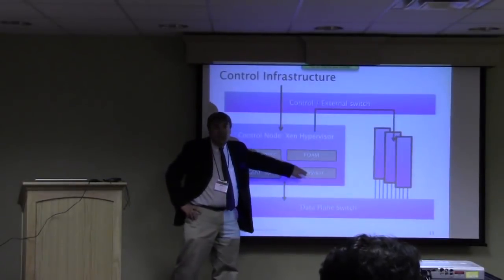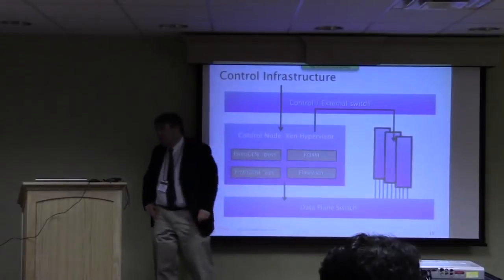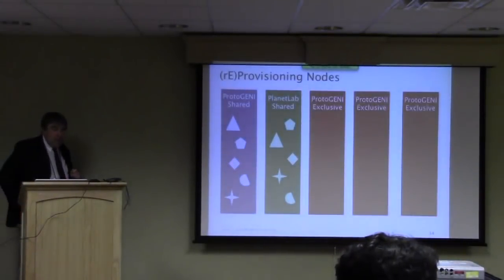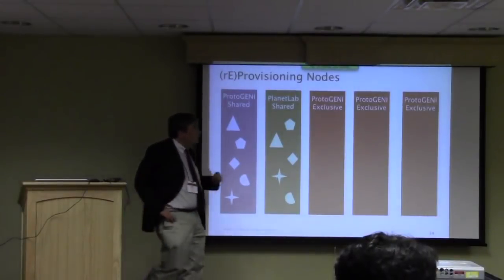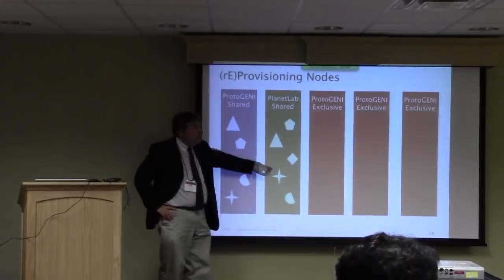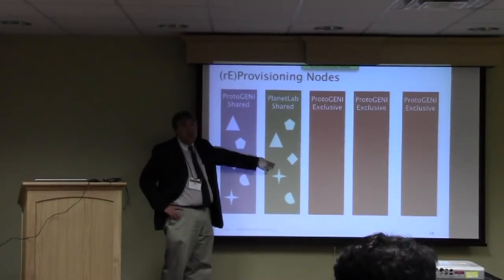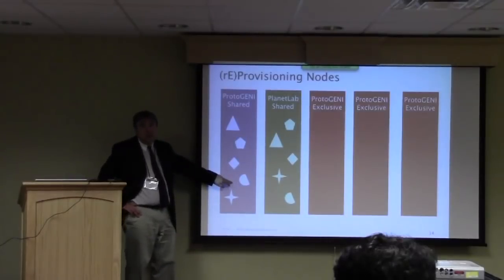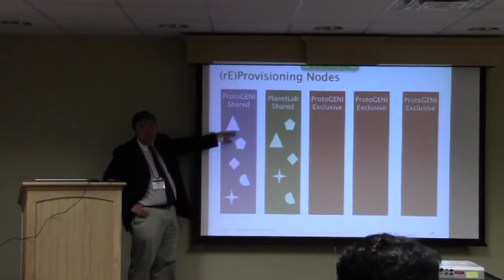Controllers work through FlowVisor and FOAM. Nick Bastin from Big Switch has the details on how that works. You can either get ProtoGENI exclusive nodes, the kind of thing you're familiar with in Emulab. We're also able to get PlanetLab shared nodes, which would look to you like a classic PlanetLab node.